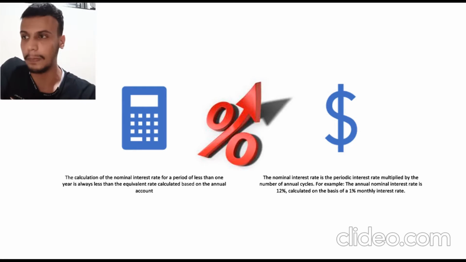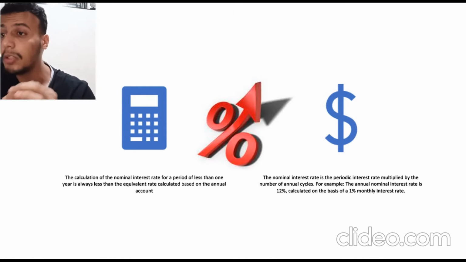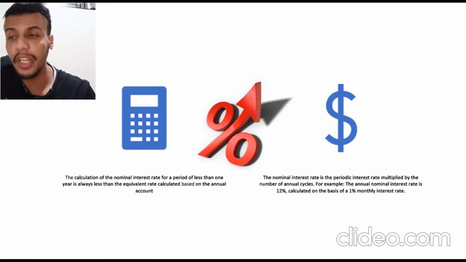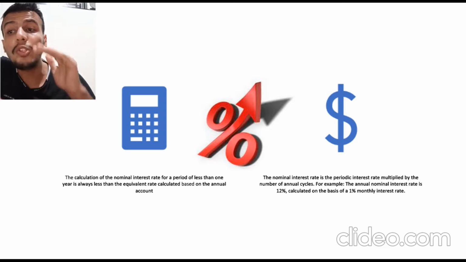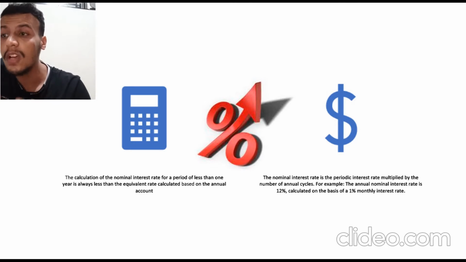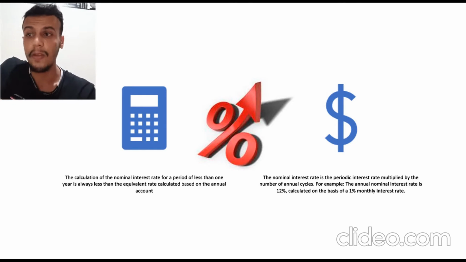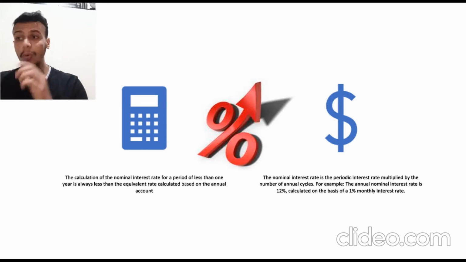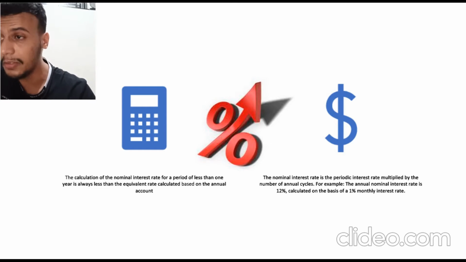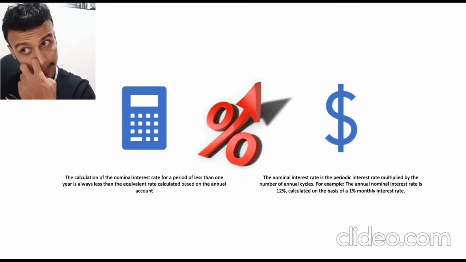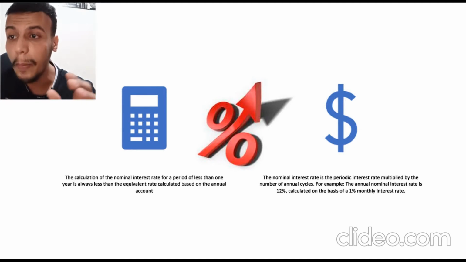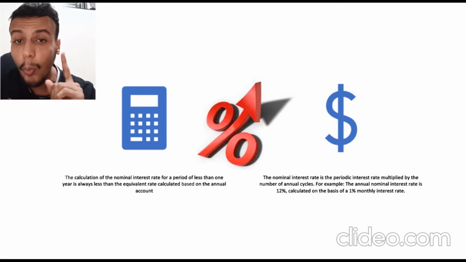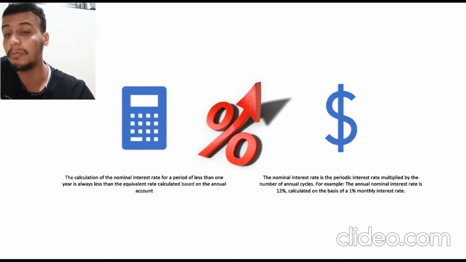Let's explain it more. The nominal interest rate is the periodic interest rate multiplied by the number of annual cycles. For example, the annual nominal interest rate is 12%, calculated on the basis of a 1% monthly interest rate.